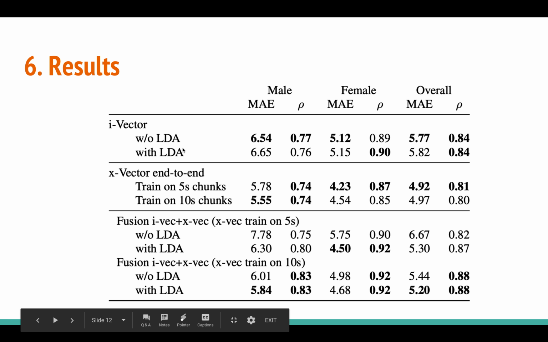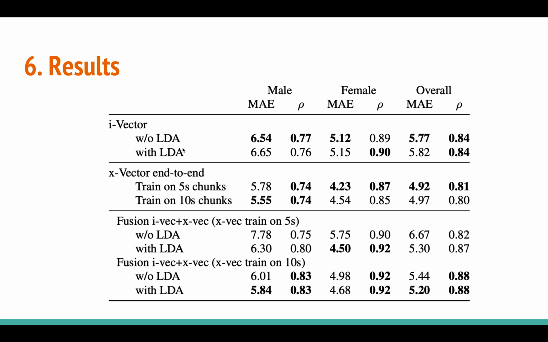Basically, they had this 400-dimensional iVector, which they want to reduce to a very small dimension using LDA. And they get a mean absolute error of 6.54 and a Pearson correlation coefficient of 0.77.